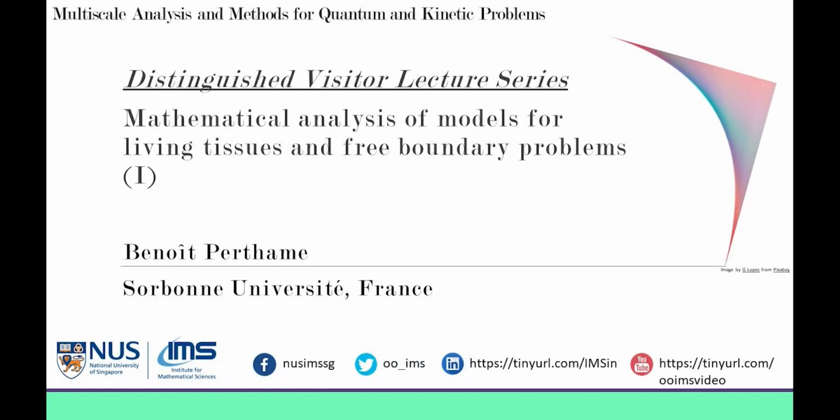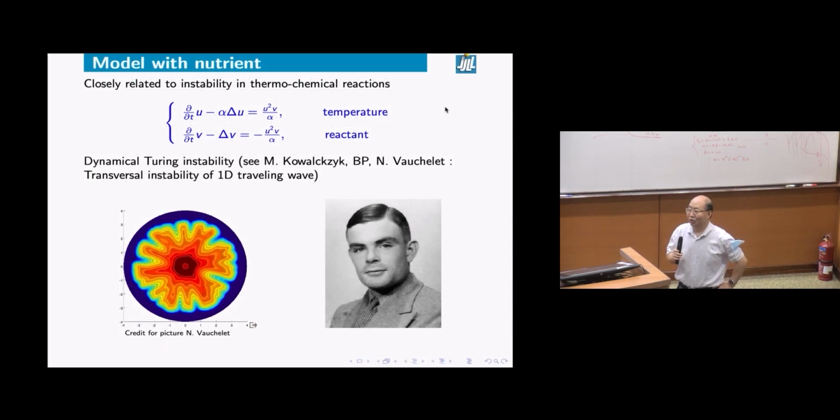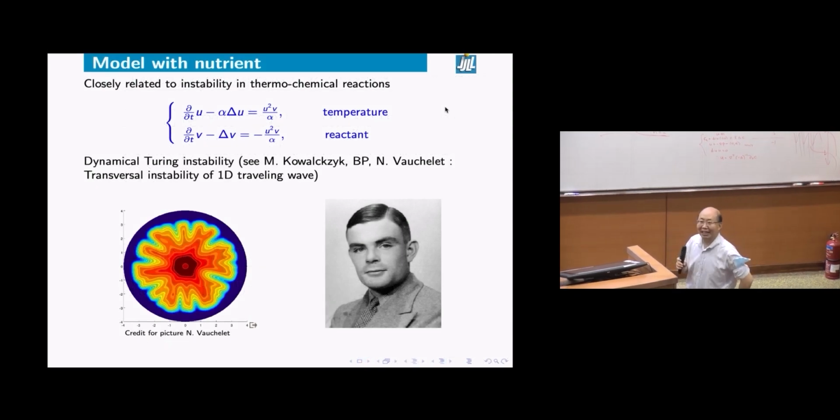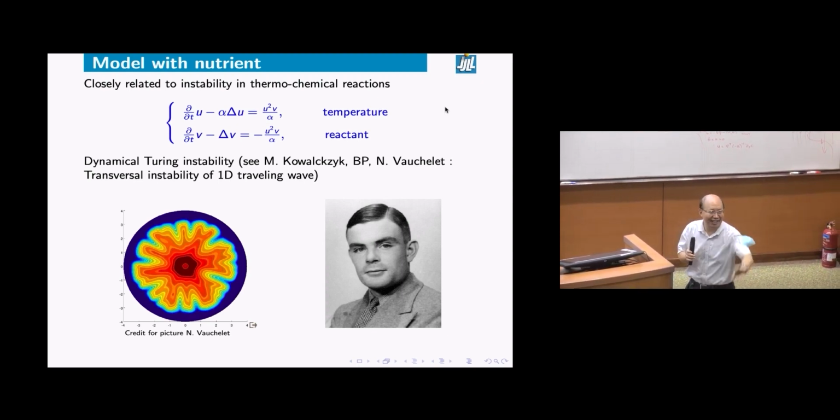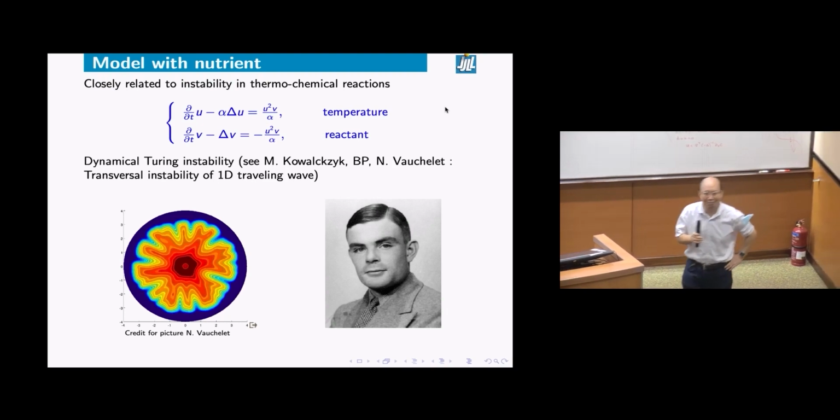It's my great pleasure to introduce Professor Benoît Perthame, who joined École Normale Supérieure in 1983. I'm sure most of you, maybe more than half here students, were not born at that time.